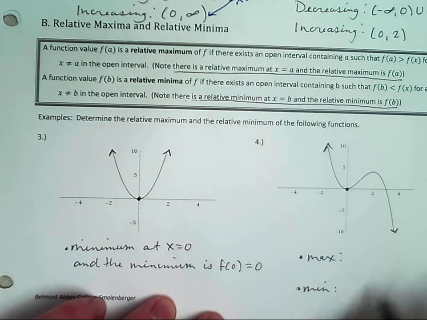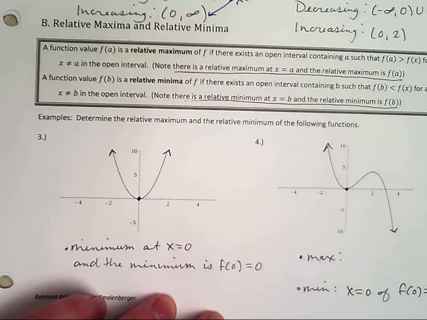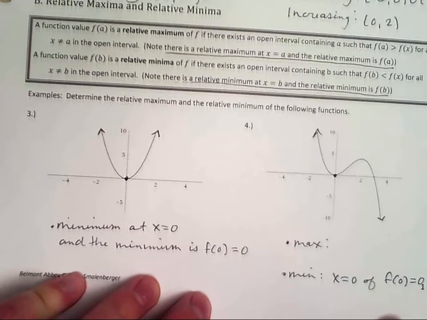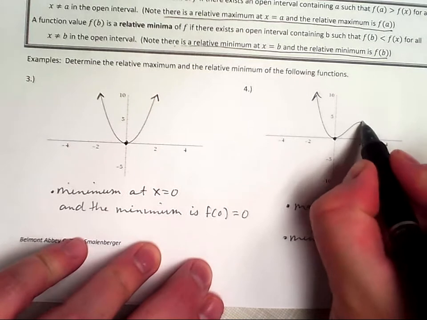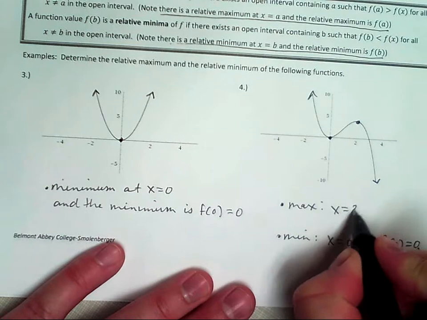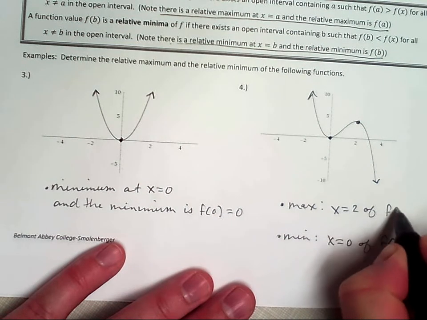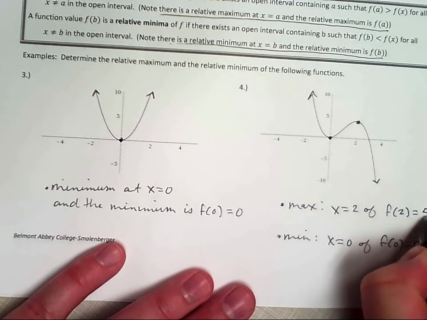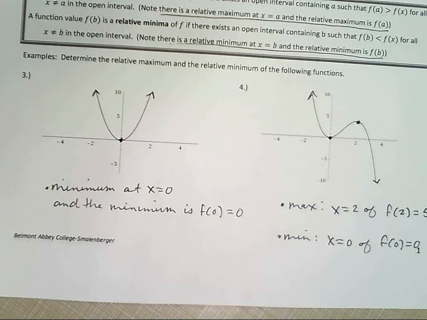So I have a minimum at x equals 0 of f of 0, which equals 0. And for my maximum, if I cover up a portion, that's the largest. So I have a max at x equals 2 of f of 2, which looks like it equals 5. So those would be my answers to that. Do you guys have any questions?